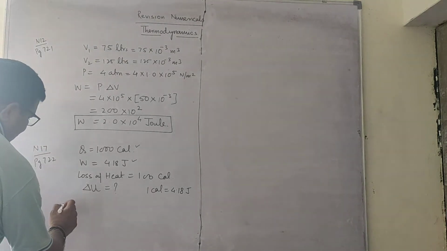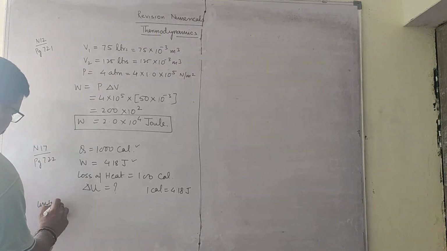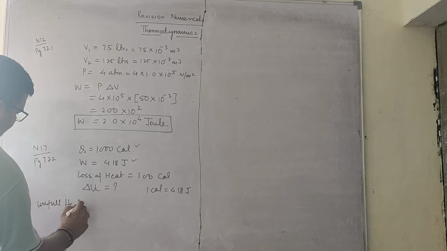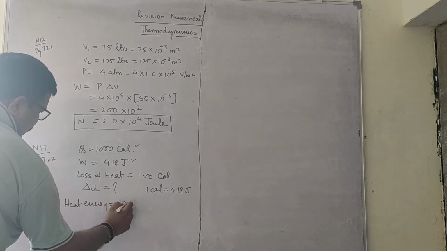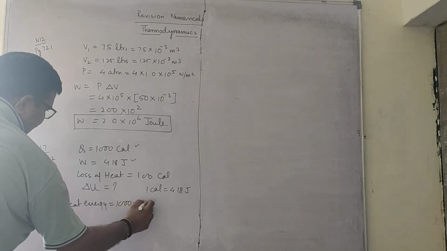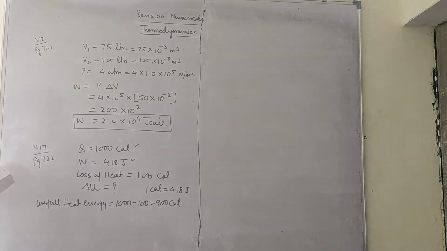You all know that total useful heat energy is equal to 1000 minus 100, that is 900 calorie. We have to convert this into joule.